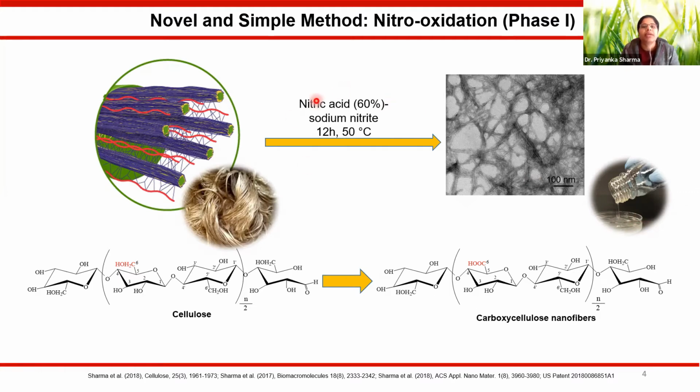This recipe not only allows us to deal with the cellulose polymer, but it also removes the lignin and hemicellulose from the raw biomass structure. Not only this, it also causes chemical modification of the cellulose polymers. Here you can see that nitric acid and sodium nitrite cause oxidation at the C6 position of the cellulose polymer and generate carboxycellulose nanofibers.